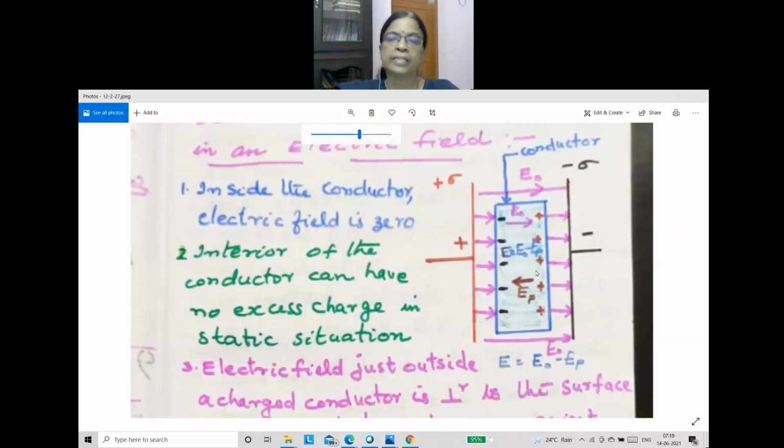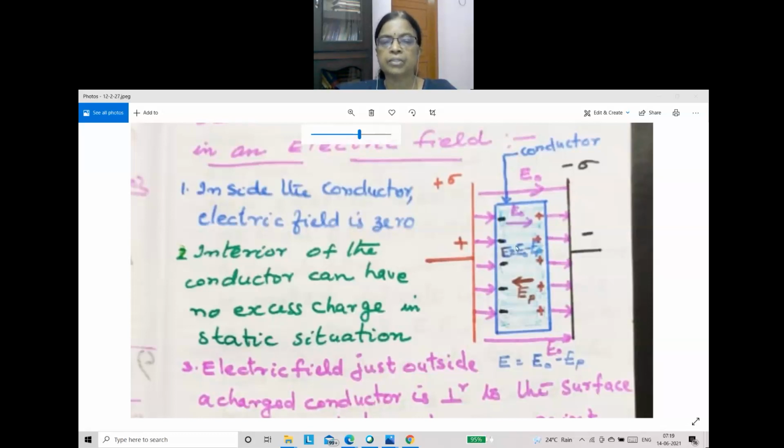See, when the external electric field becomes equal to the internal electric field, the flow of charges stops. Also, when all the electrons are arranged here, another electron from this side cannot come here because they will repel. So it attains a static situation.